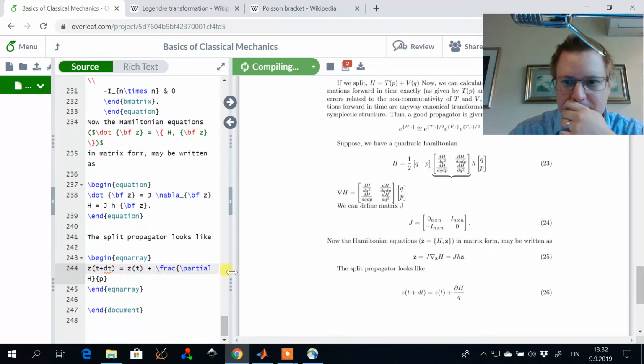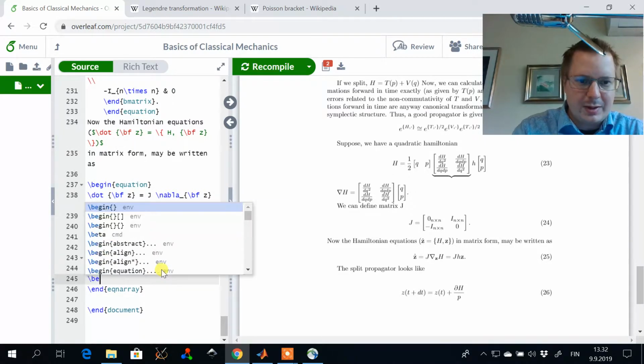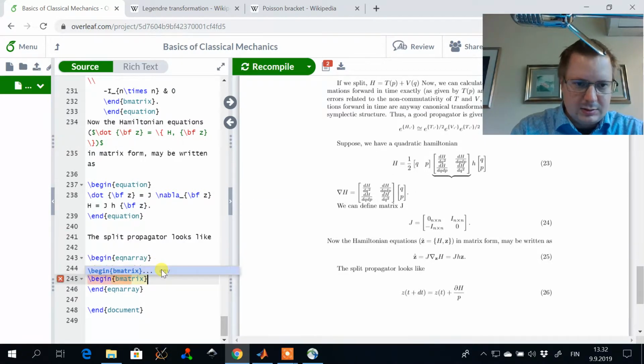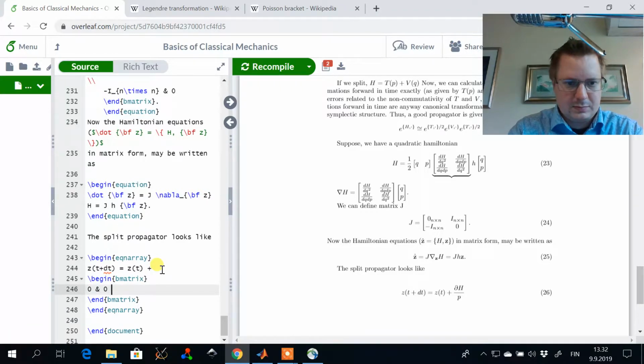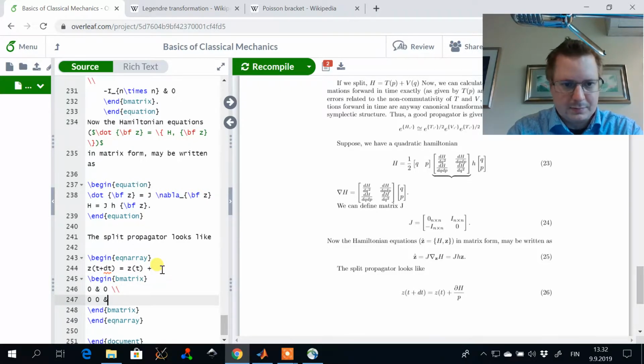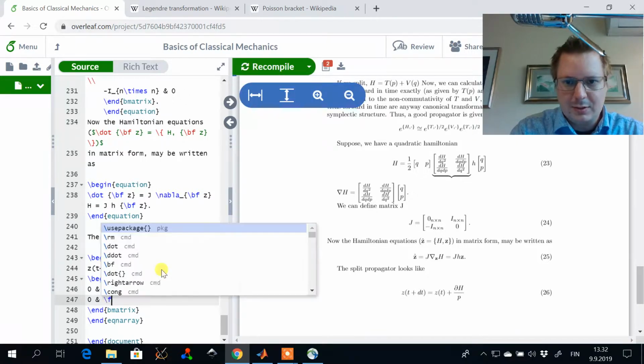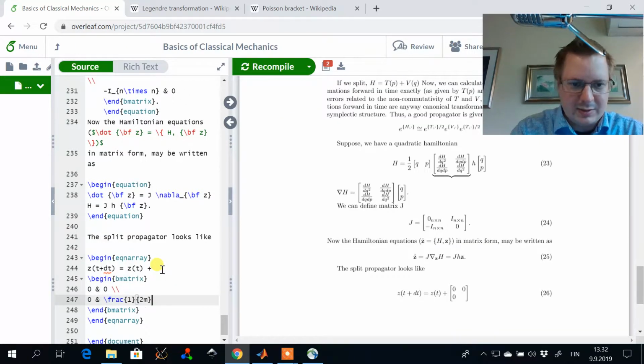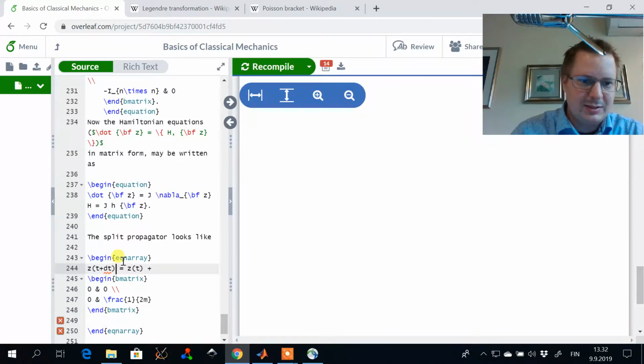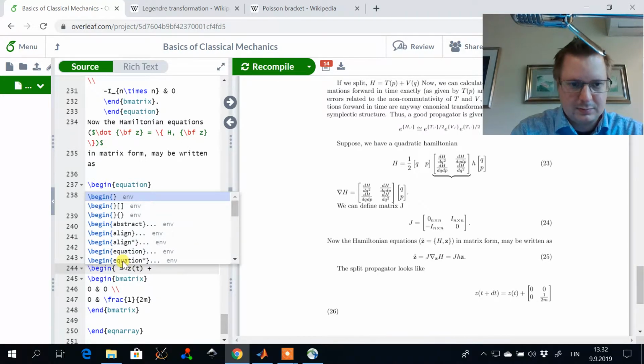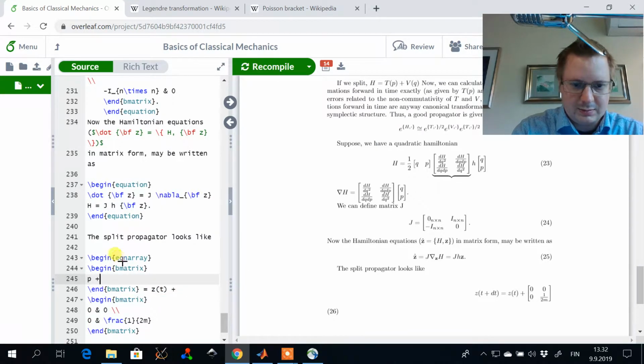Well, I need to write it more explicitly, so I will just write this completely open now. So we had only the time derivative here, and I will write the p and q also. So p, q, and p.